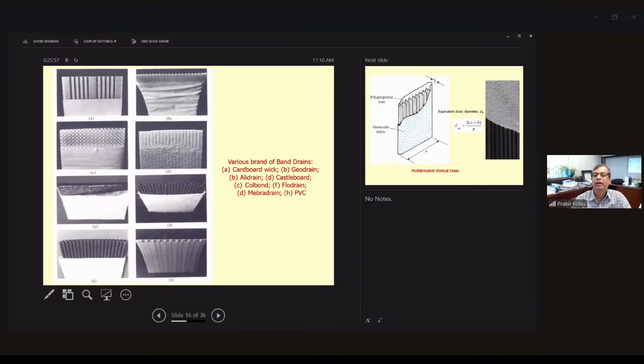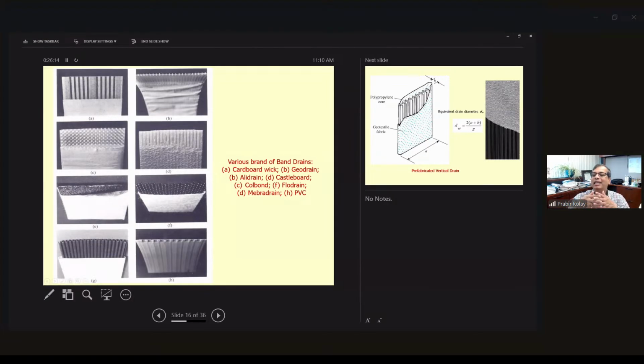So these are PVD products from various companies. The first one is the cardboard wick, which they call a geodrain. These are all different types of drain.